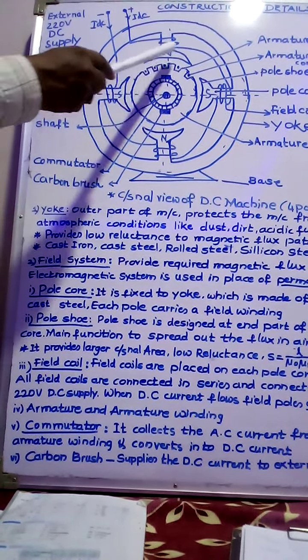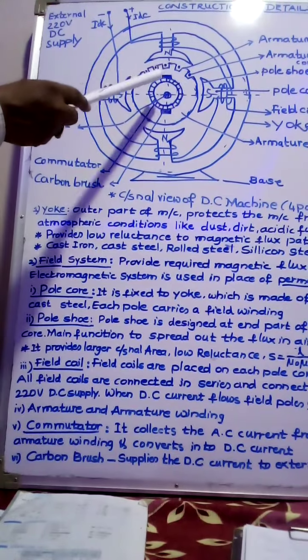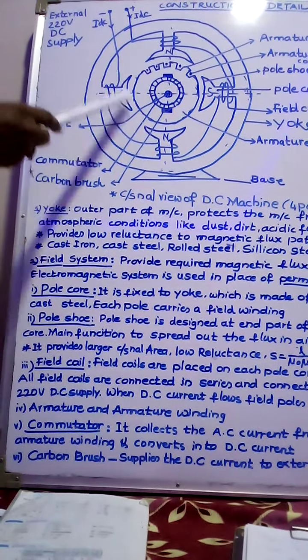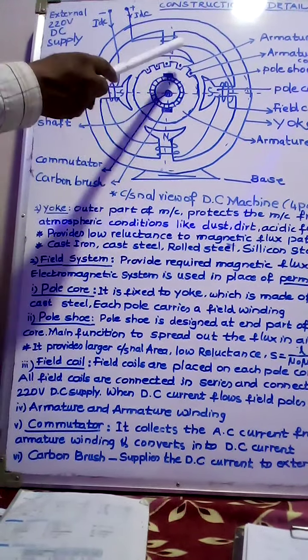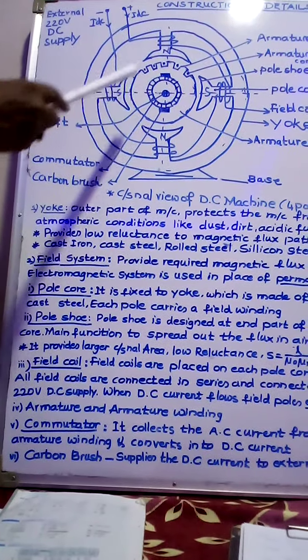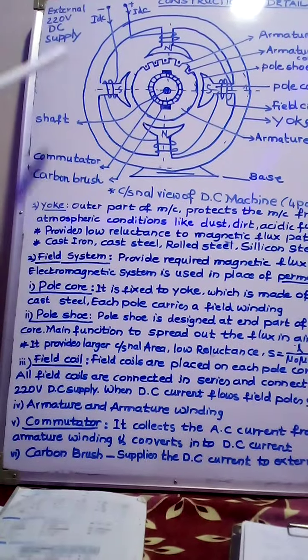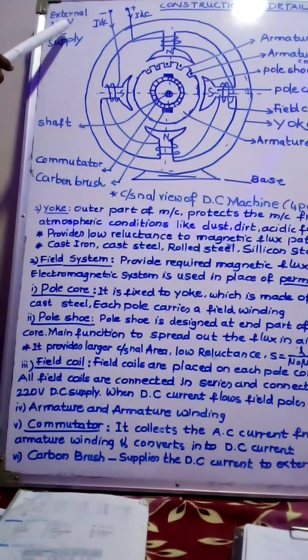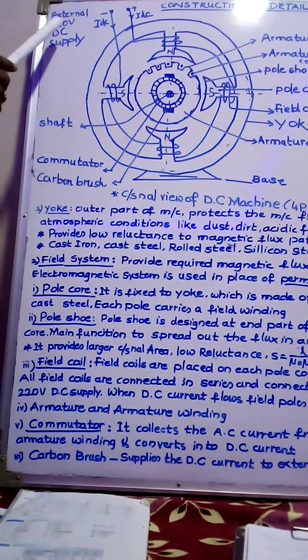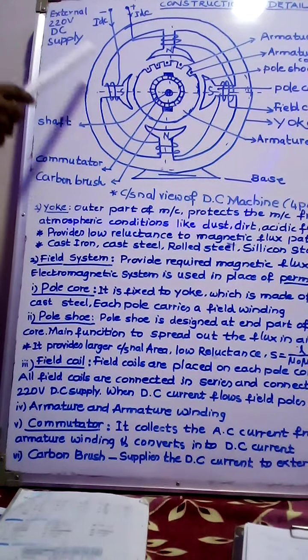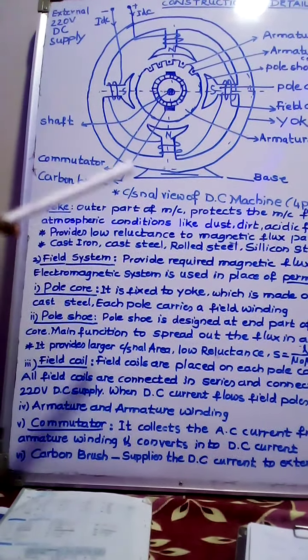Hence, a magnetic field is produced, and alternate north and south poles are created. That is the main function of the field coil. This external DC supply is also known as the excitation supply because it excites the field system.